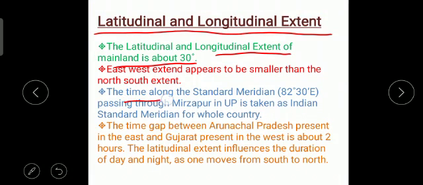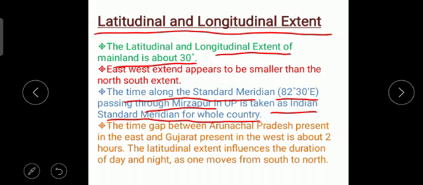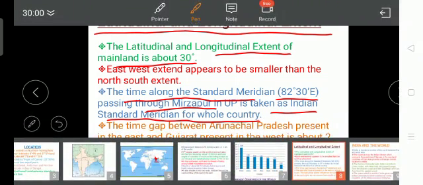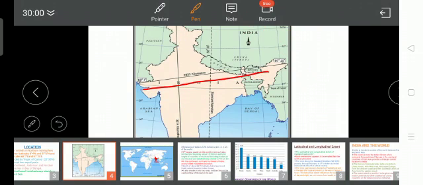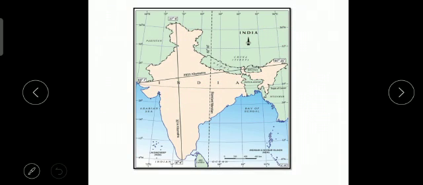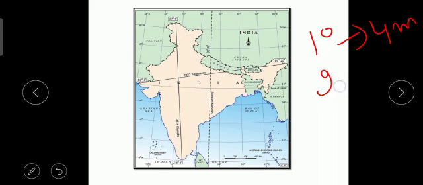The time along the standard meridian, that is 82° 30' east, passing through Mirzapur in Uttar Pradesh, is taken as the Indian standard meridian for the whole country. As we know, when we move 1 degree, there is 4 minutes. 2 degree, 8 minutes.